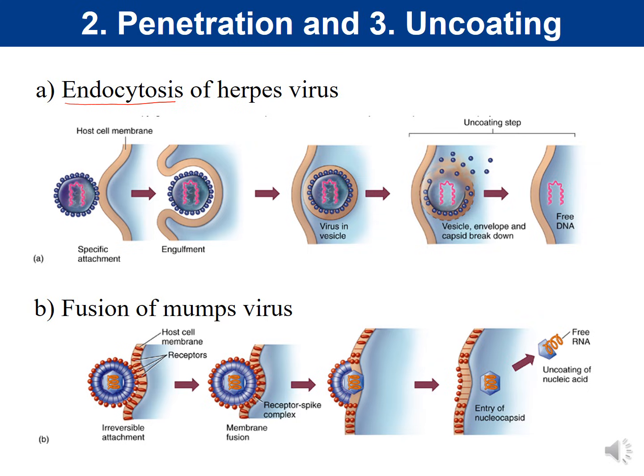What happens in endocytosis is that molecules on the virus attach to specific receptors on the host cell membrane. Once this binds, that's going to trigger the cell to undergo engulfment, meaning that the host cell is going to pinch in and bring in the virus in a vesicle.